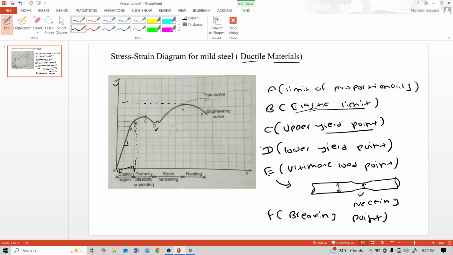As the elongation continues, strain increases and the cross-sectional area becomes smaller. Ultimately, the specimen is broken at F into two pieces. At this point F, a cup and cone type ductile fracture is seen, like this.